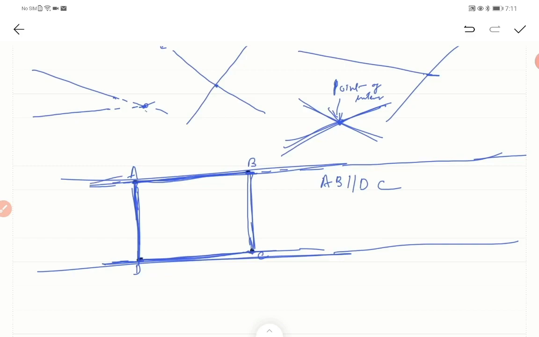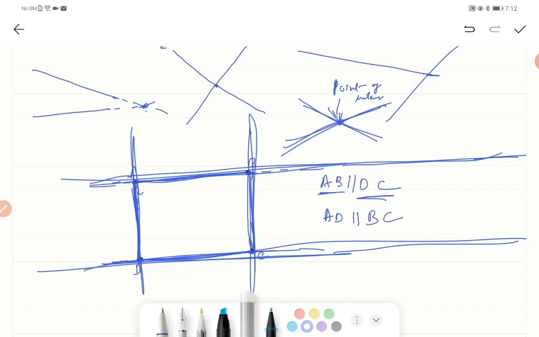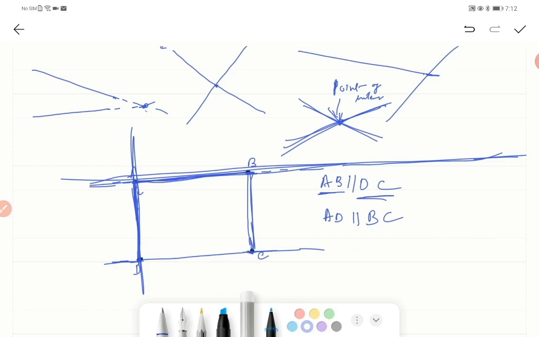Parallel lines will never meet. So I can say AB is parallel to DC and AD is parallel to BC, isn't it? Yes or no? These lines will never intersect when you extend them.